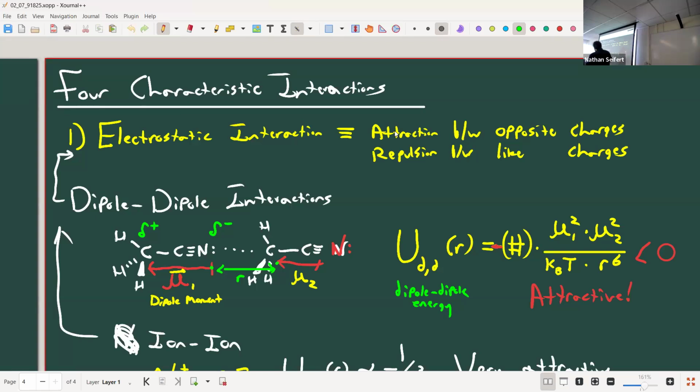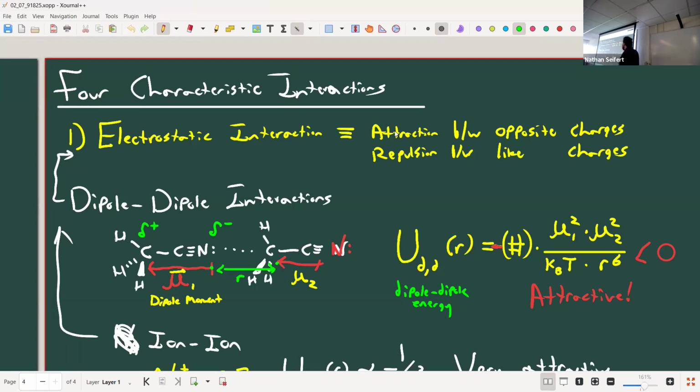Molecules that have dipoles have a negative end and a positive end, and the positive end of one molecule attracts the negative end of the other. So acetonitrile molecules tend to line up, or say HCl, a good example. Hydrochloric acid molecules line up end to end like a chain, because the negative charge is on the chlorine or the CN, and the positive charge is on the hydrogen or the carbon. So they just naturally line up like a line of dipoles.